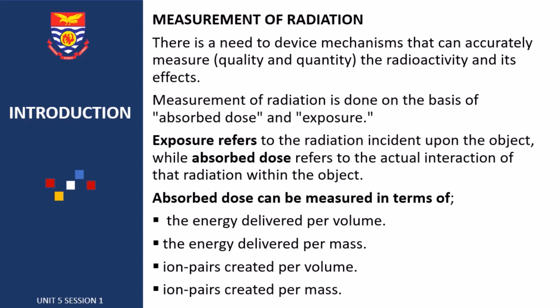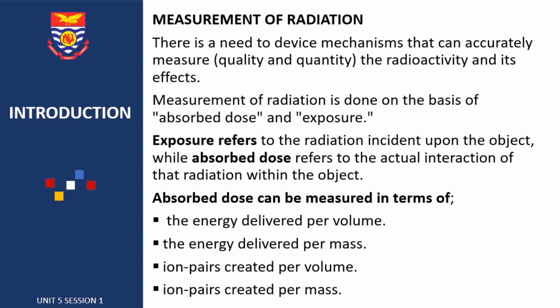The radiations that are emitted by these radioactive materials are measured on the basis of absorbed dose and exposure. The exposure here refers to the radiation that is incident upon an object, and the absorbed dose refers to the actual interaction of that radiation with the object.